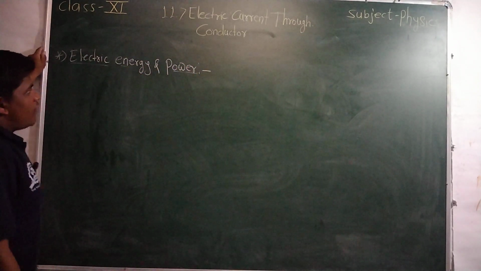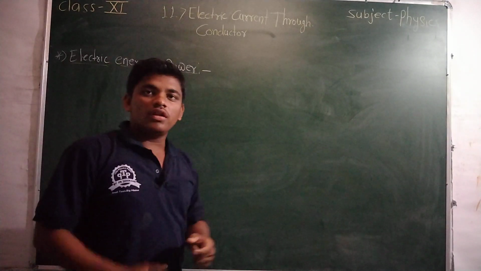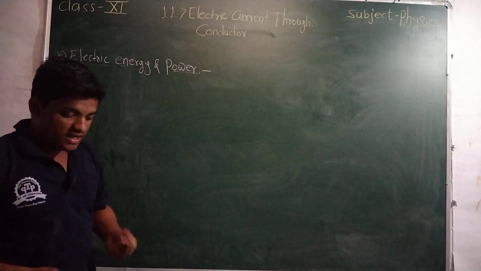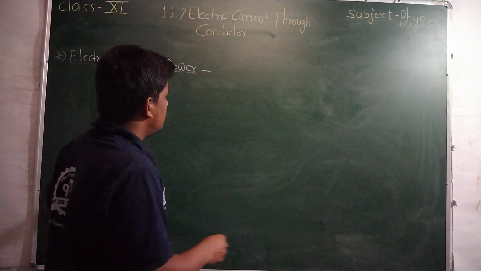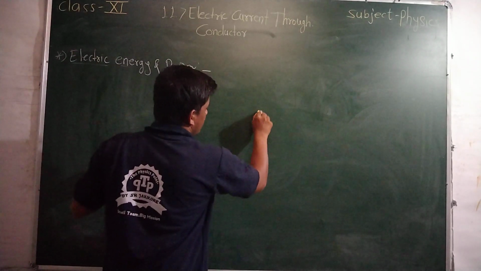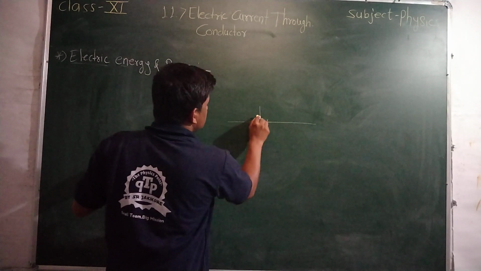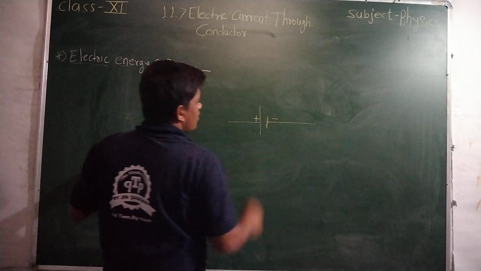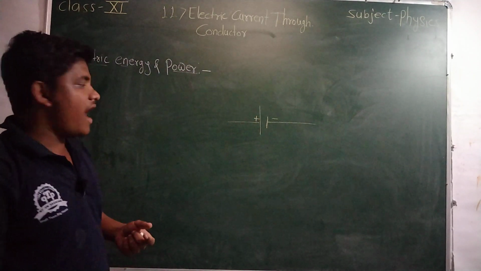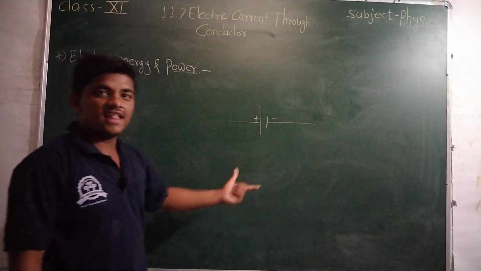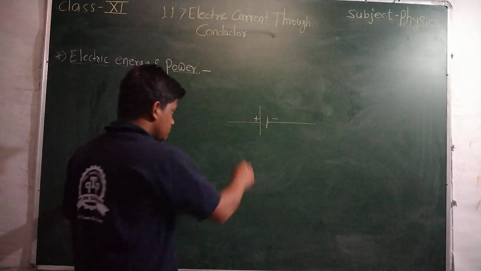For the discussion of energy and power in the form of electric energy, we draw a circuit diagram here. We use a cell, that is a battery, joined with positive and negative terminals.